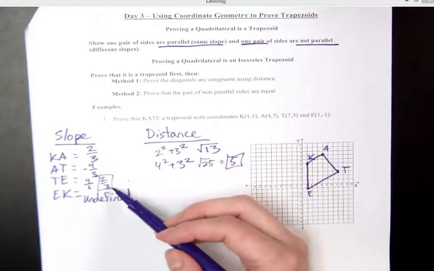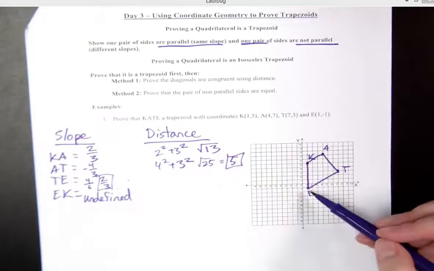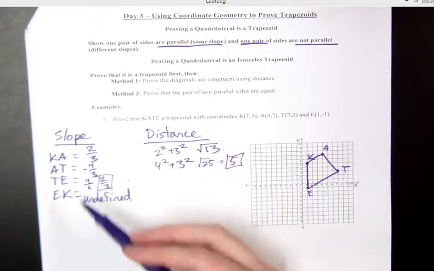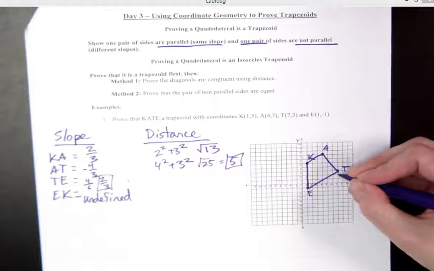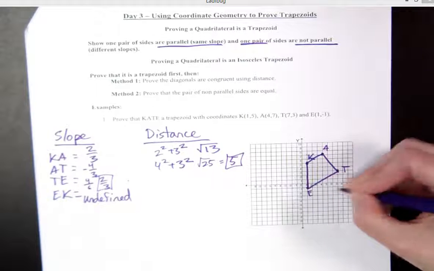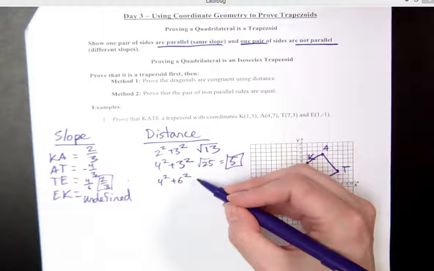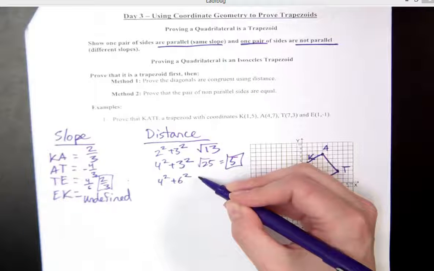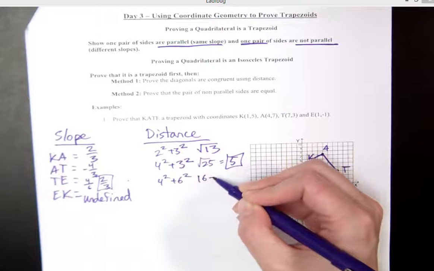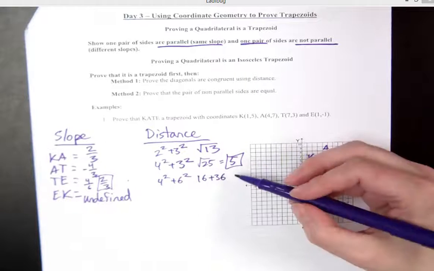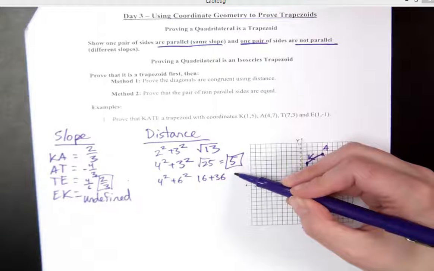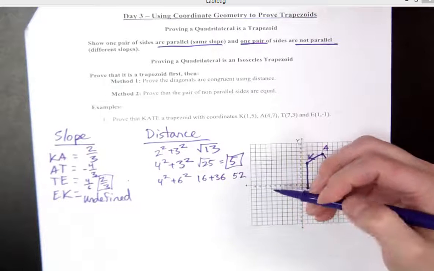Alright, this next one, TE, is still 2/3, but we can see the lines are different lengths, so we have to remember to go back to the unreduced slope, where we have 4 on this side and 6 on this side. So that'd be 4 squared plus 6 squared. It gives me 16 plus 36, which is 52.